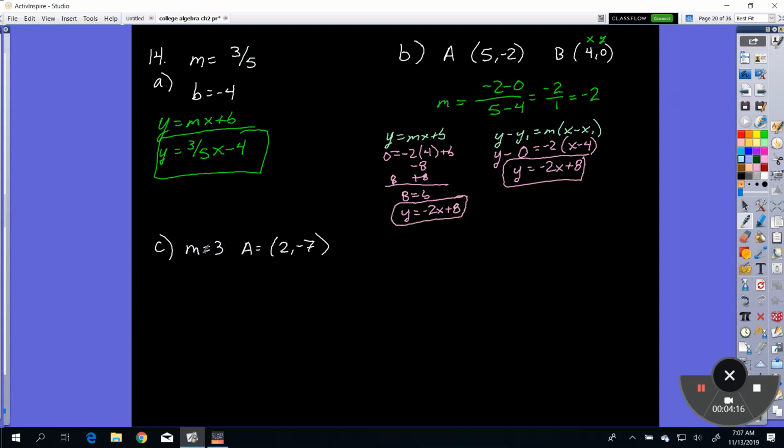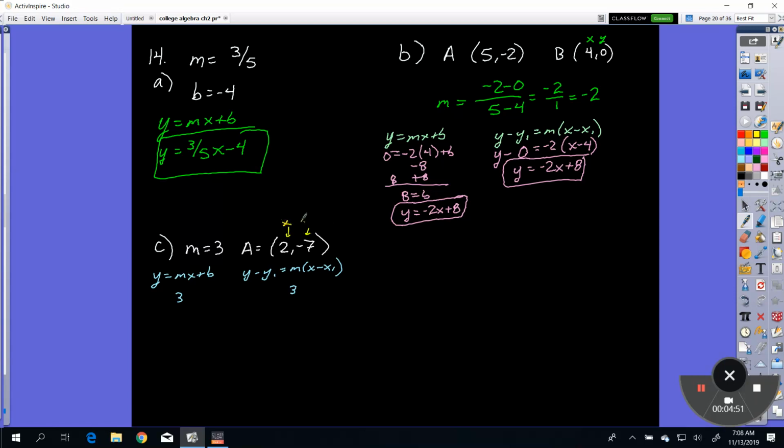On part C, you already have the slope, so you don't have to do this work of calculating it. You just plug it into either y equals mx plus b, which is slope-intercept form, or point-slope form, y minus y1 equals m times x minus x1. M again is 3, so I replace that m with 3. We're going to replace this point with 2 and that point with -7.